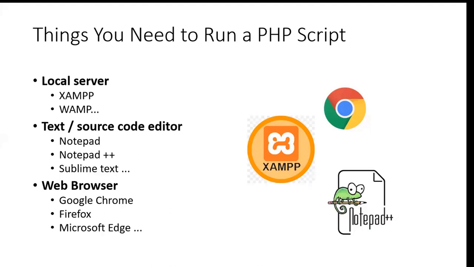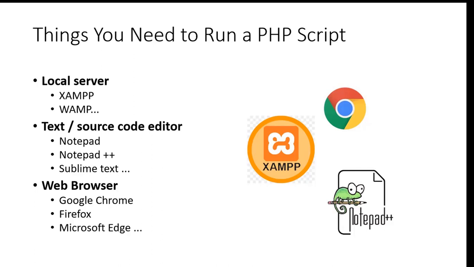I think compared with PHP, Python is a straightforward thing. Once you install Python, you have IDLE, and you can create a new file there, run the code in the same place, and generate an output. But when it comes to PHP, it's a bit different, because you need to separately install a web server, and a source code editor also if you need.